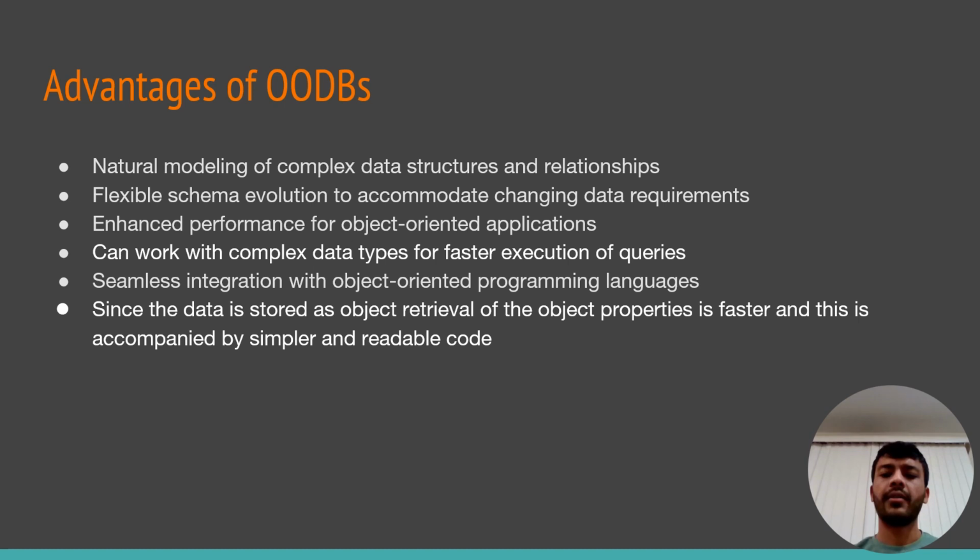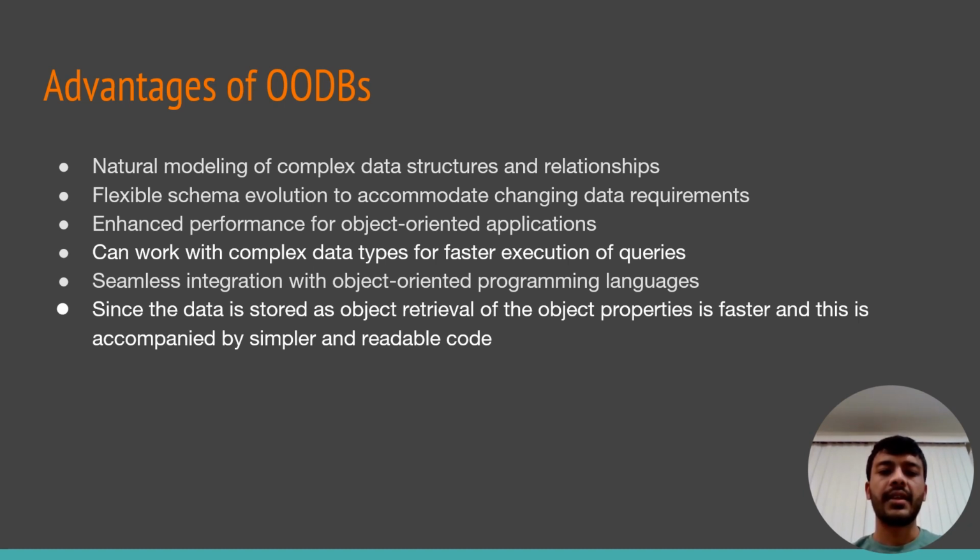Until now we have understood what object-oriented databases are and their practical implementation in PostgreSQL. We have also looked into some key features. But now let's dive deep into the advantages of object-oriented databases.